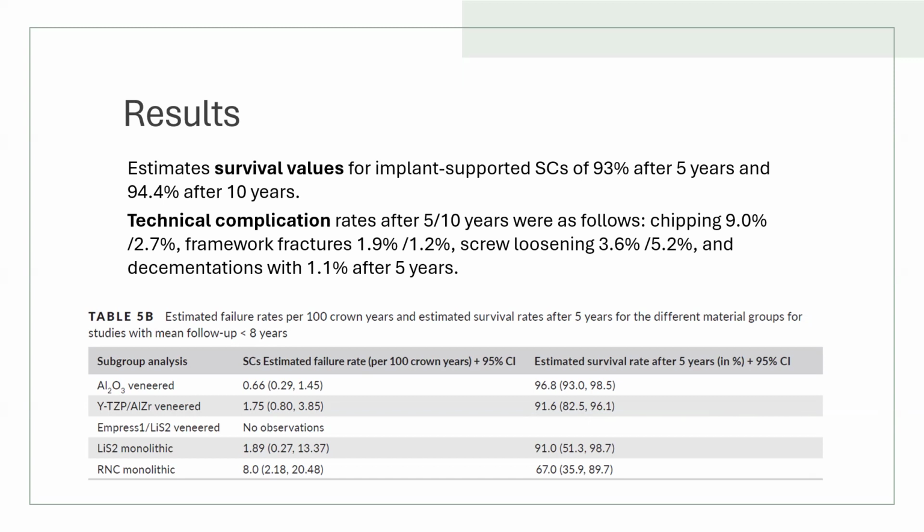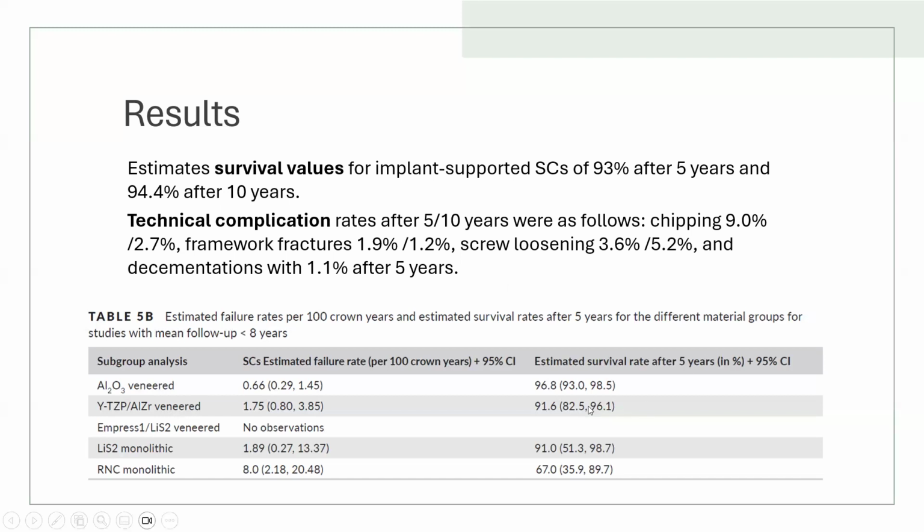They did subgroup comparisons for the effect of the material on the survival rates. And they found that for all ceramic materials, there was no significant difference except for the hybrid ceramics.